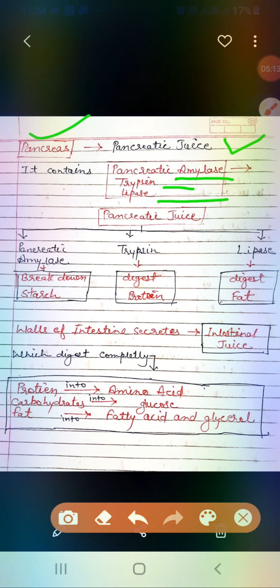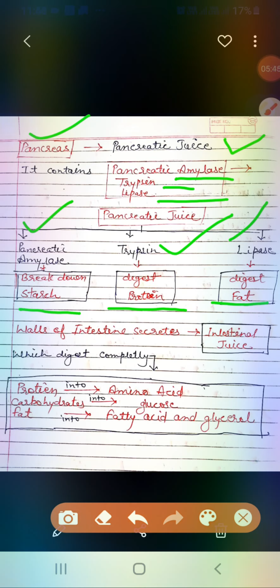And what is the function of these three enzymes? First is pancreatic amylase, and we know amylase breaks down starch in the small intestine. After that, trypsin digests the protein in the small intestine. The third one is lipase, and lipase digests the fat globules in the small intestine.